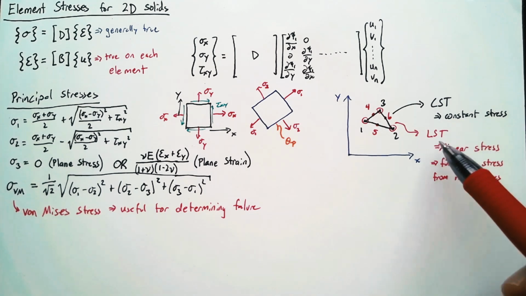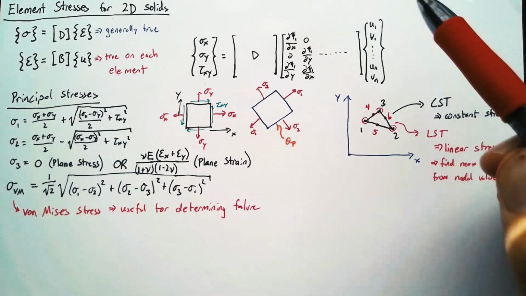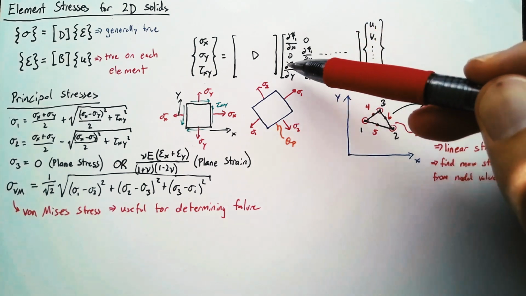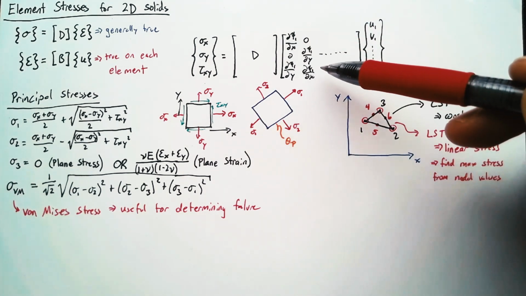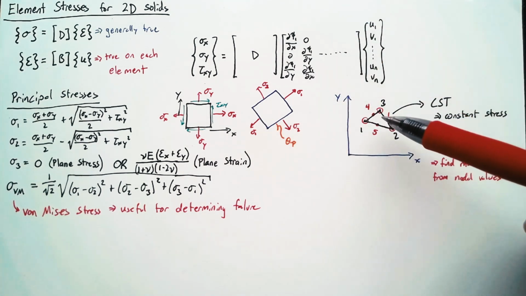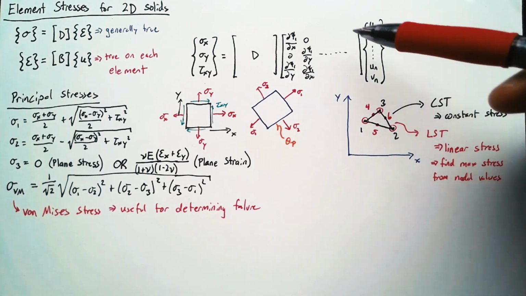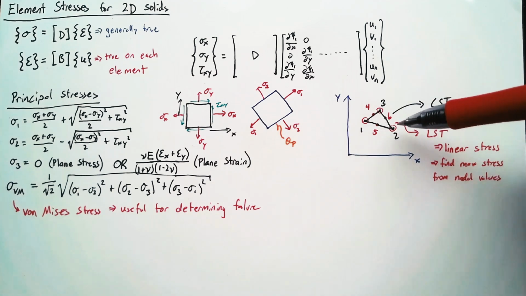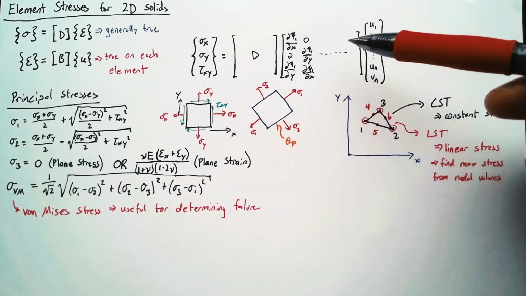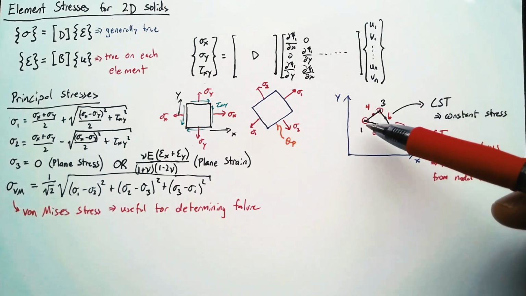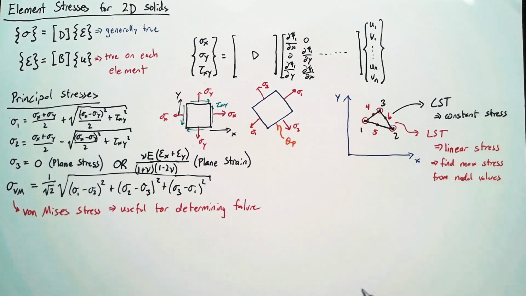And again, this is because with linear strain, we're going to have some variation in our B matrix with position. And so we need to use the positions 1, 2, and 3, which are the maximum values there, in order to figure out how that strain changes on those elements.